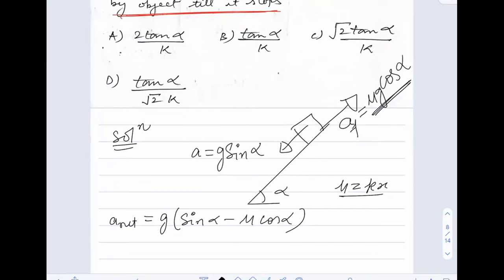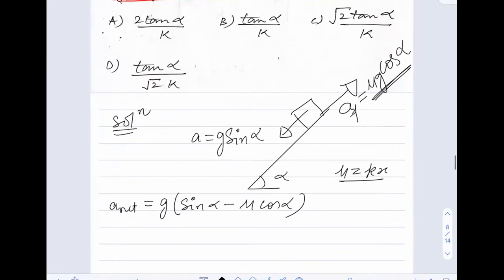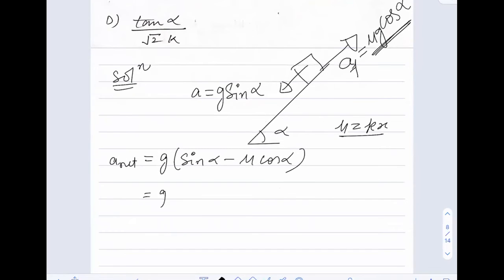So I'll substitute this mu value here. So I will get g into sine of alpha minus kx cos of alpha. This is the acceleration. Now I have got the acceleration here.